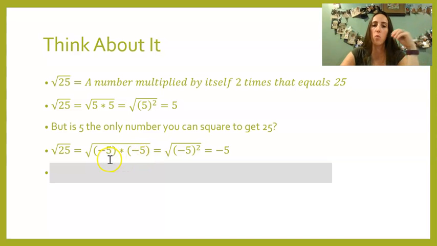Because think about that. What happens when you take a negative times a negative? It's going to give you a positive. So negative 5 times negative 5 also equals 25. So that means that negative 5 squared is going to equal 25. So the square root of this negative 5 squared is going to equal negative 5.